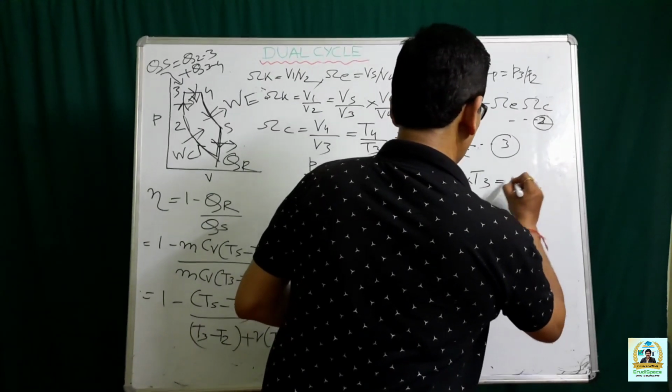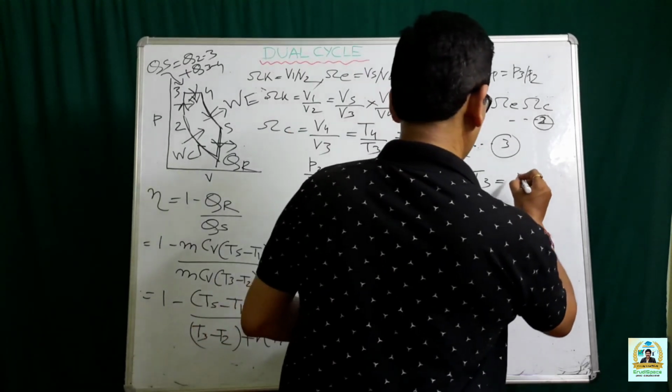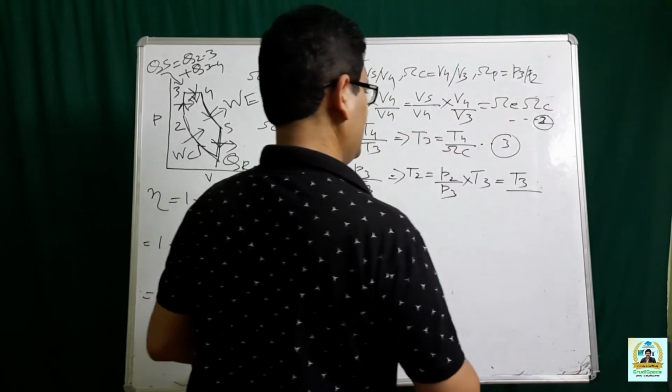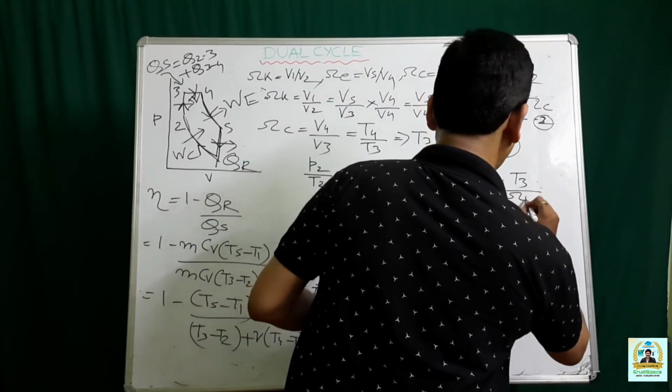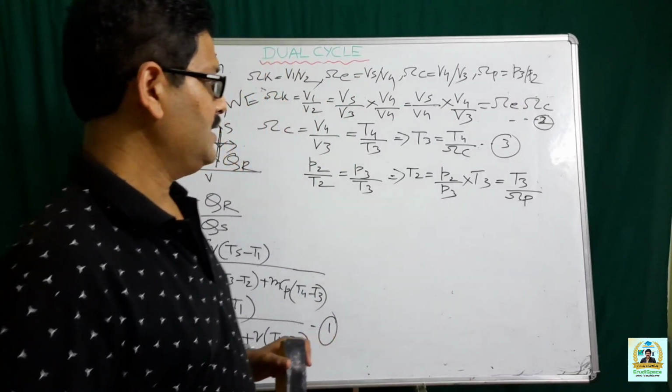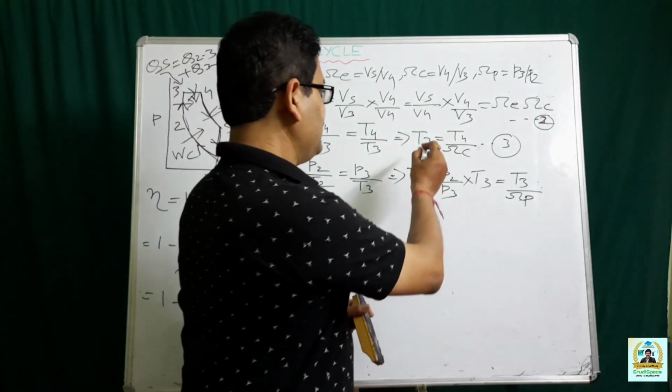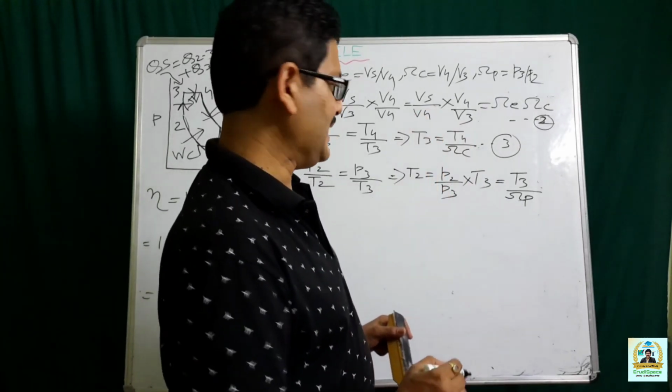That is equal to T3 divided by RP. And we know that T3 is T4 by RC.